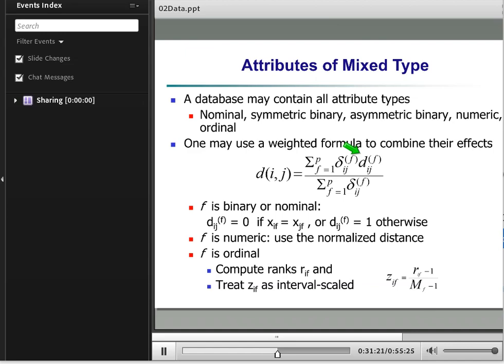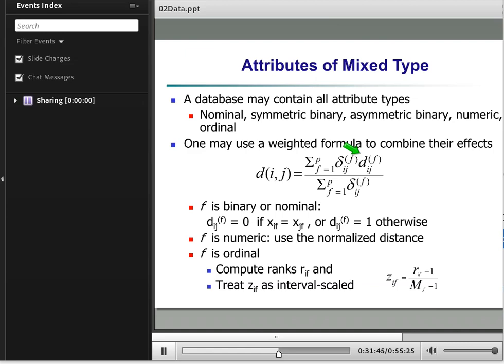I have a data set with different types of attributes, and I'm deciding to find the distance between those objects. Each object is a row or a record in my data set. What should I do?